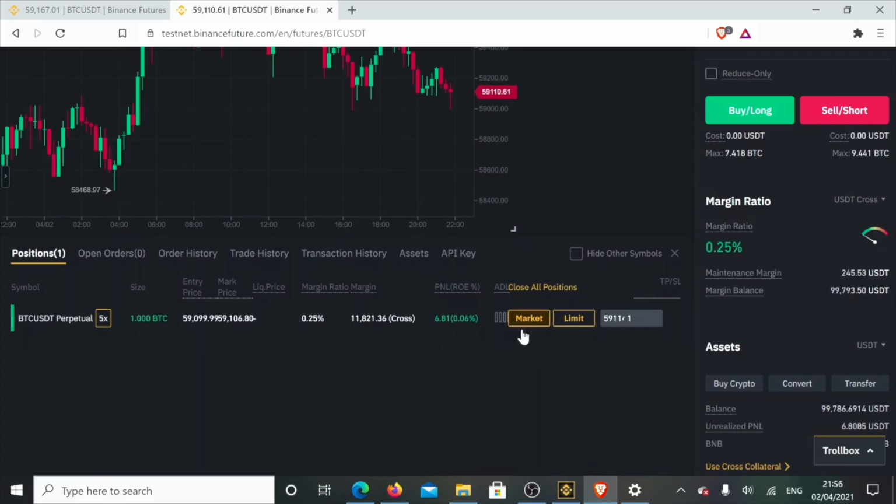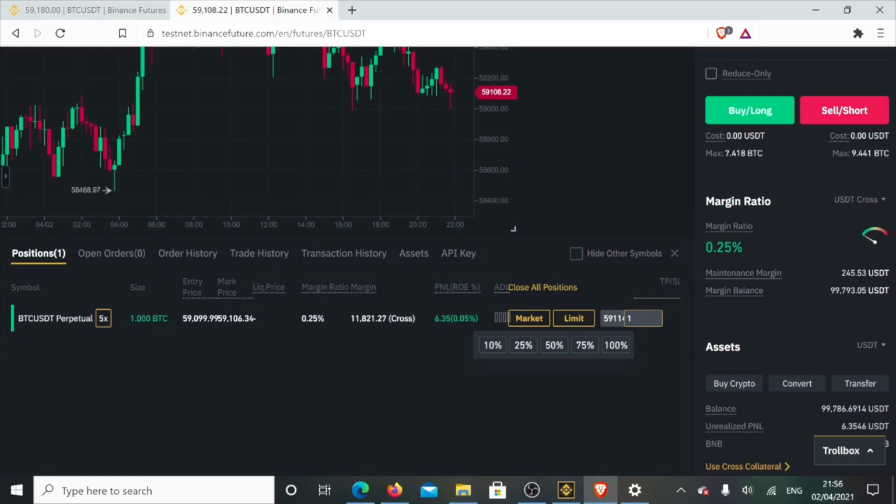So here is the market, okay? Close positions. This is when you want to close your positions. Let me explain to you how you can do that. So let's say we bought this Bitcoin at 59,100, and right now you want to open a limit order that, okay, when this Bitcoin reaches 60,000, I want to sell it.